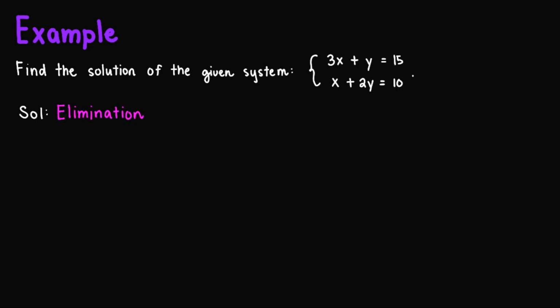So the idea here is that we first eliminate one of the variables. Say in this one, we eliminate x. We can do that by multiplying some certain values out here and then adding the 2 equations. After we eliminated one of the variables, we then solve for y, or the other variable that wasn't eliminated.